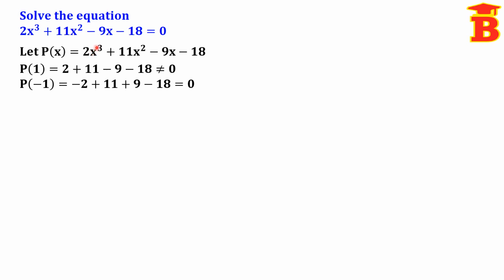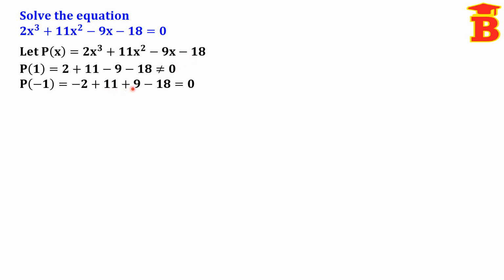Minus 1 cube is minus 1 into 2, minus 2. Next term, minus 1 square is plus 1, 1 into 11, 11. Next term, if you put x equal to minus 1 here, minus 1 into minus 9, plus 9. And last number minus 18.